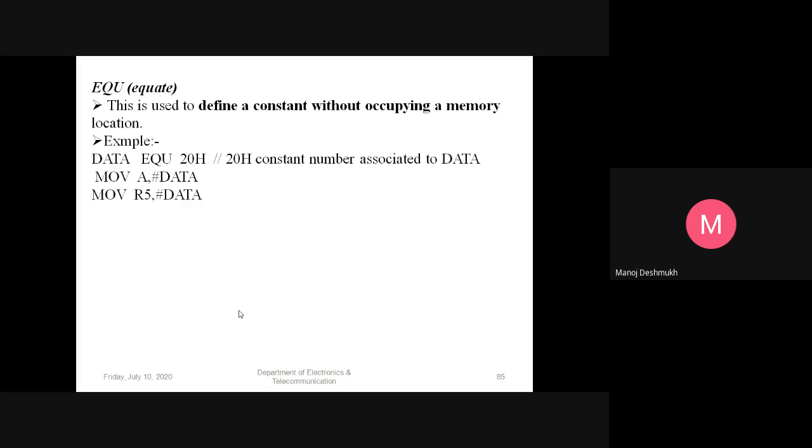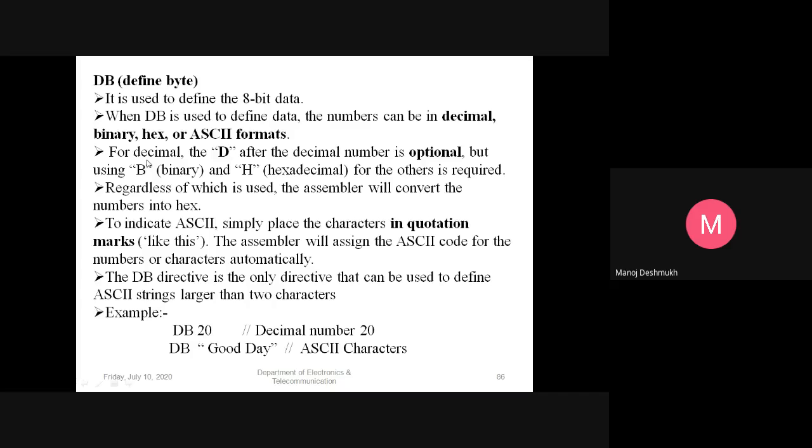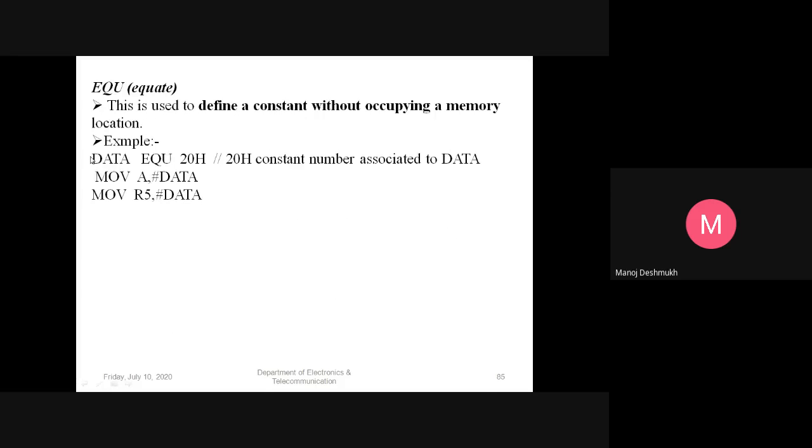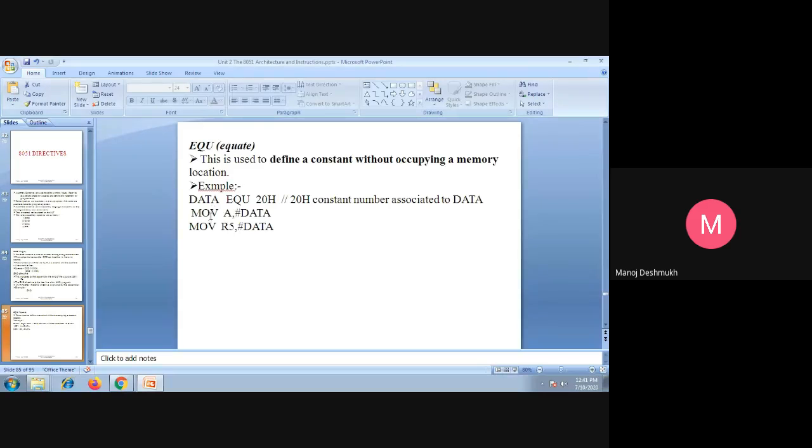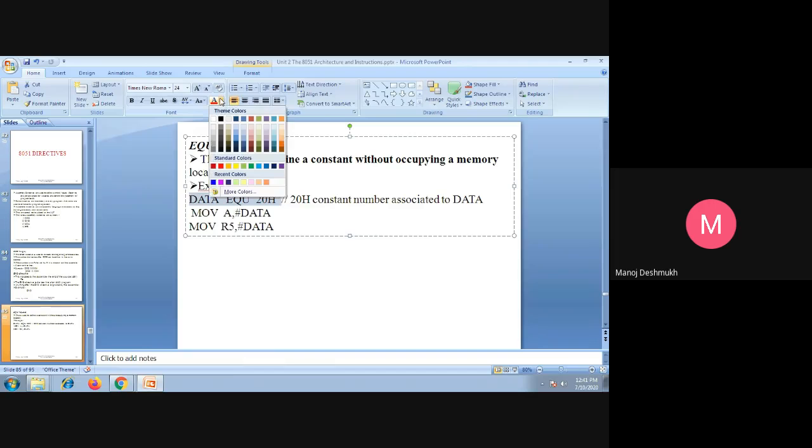So from now onwards, after this, whenever you require that number 20H multiple times for different applications or operations, you simply go with the EQU directive by specifying some label.